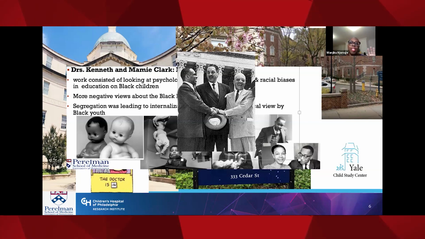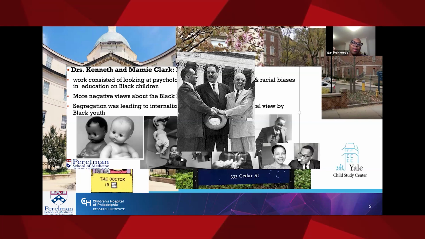It was the first time the Supreme Court had ever heard any kind of developmental psychological literature, which they used to make the case in Brown v. Board of Education that segregation was indeed harmful. And that led, ostensibly, to the integration of schools. So I was really, really interested in the Clark study.